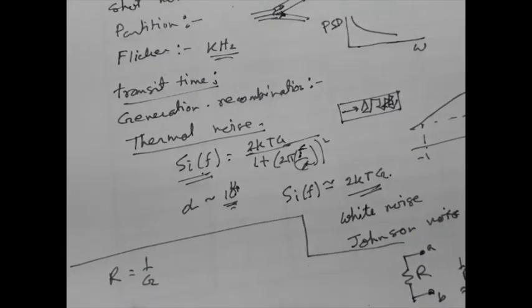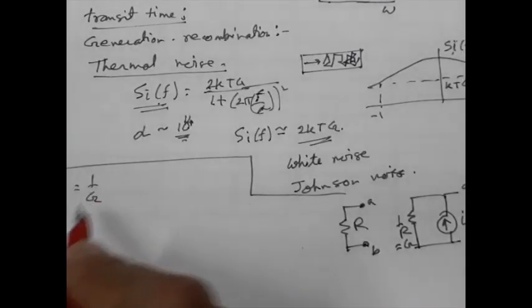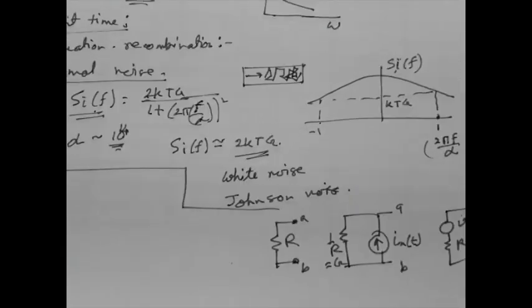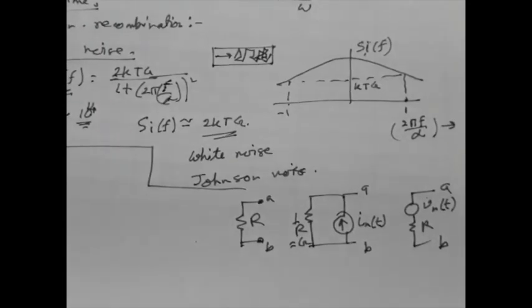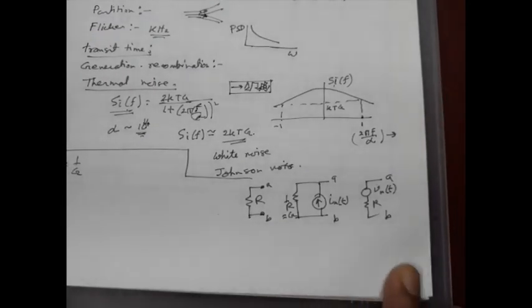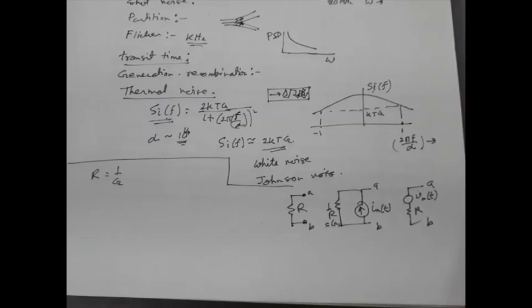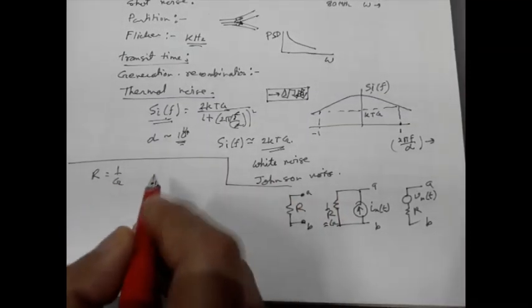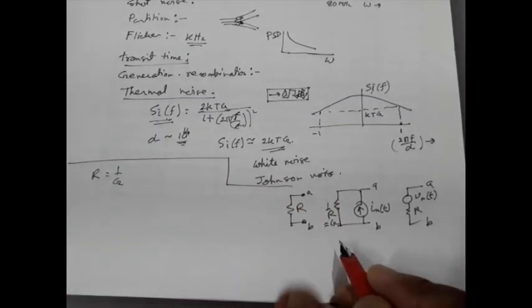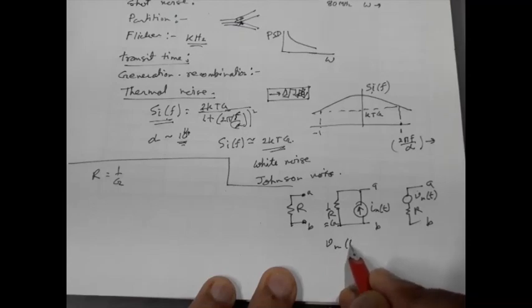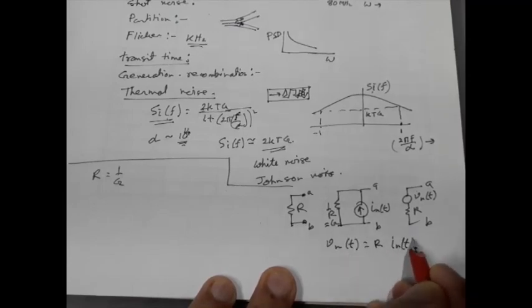Obviously these two models are related: V_nT equal to R into I_nT.